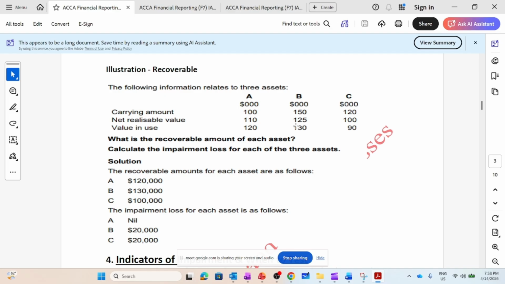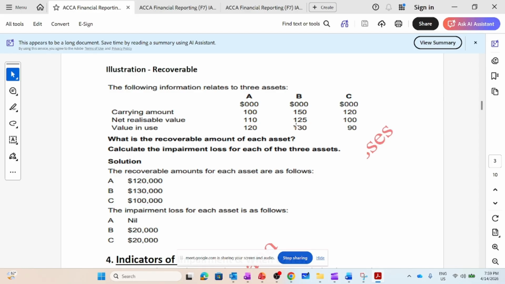Based on the requirement, we should first identify the recoverable value from the various assets given in the question. For asset C, the net realizable value, which is the same as the fair value less cost to sell, is 100 and the value in use is 90. So for asset C, we can use the 100 to be the recoverable value. Simple. That is how we are going to identify the recoverable value from any given question.